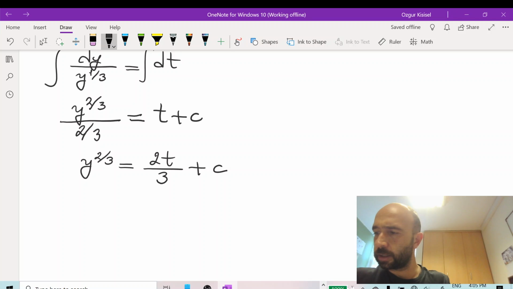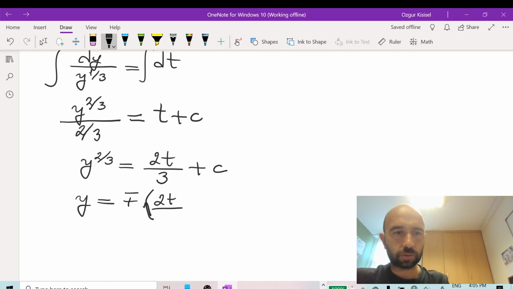Of course, here I renamed c because 2 over 3 c and c don't make a difference here. And if you solve for y, you can get plus or minus 2t over 3 plus c to the power 3 over 2.